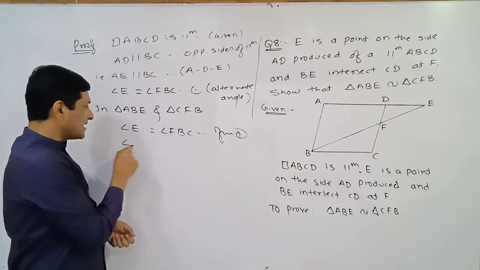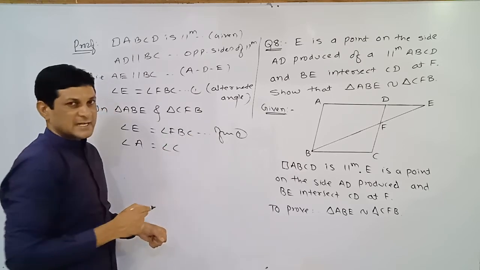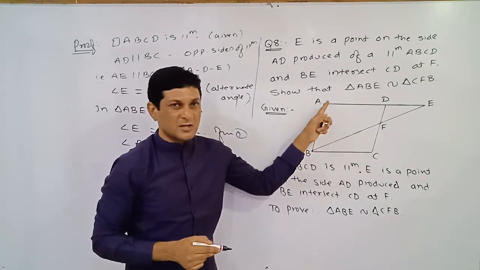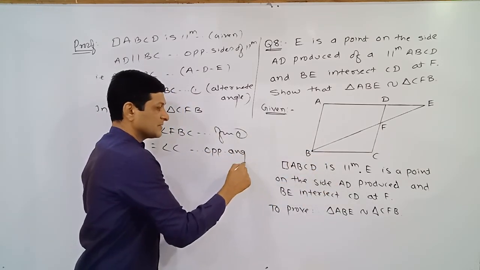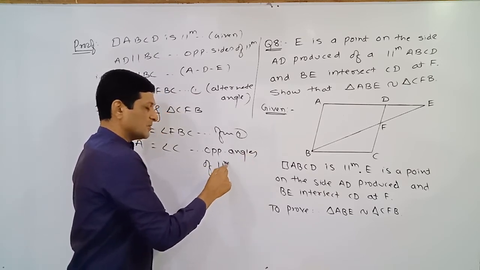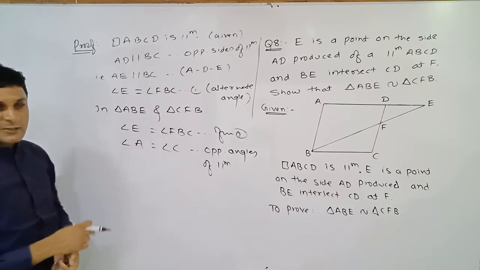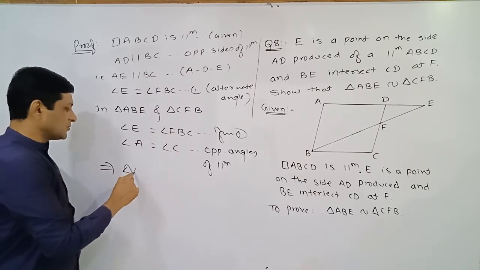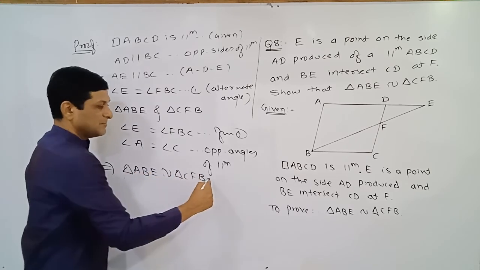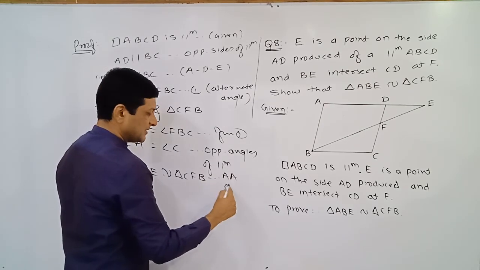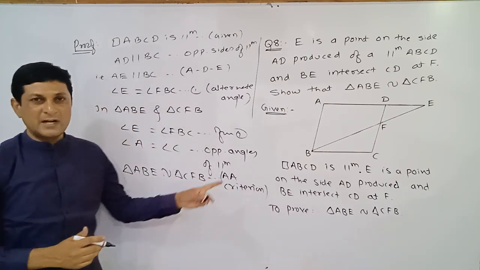Again we can say that angle A of the first triangle is equal to angle C of the second triangle, and these A and C are nothing but opposite angles of this parallelogram. So we have shown that two angles of the first triangle are equal to the corresponding two angles of the second triangle, which implies that triangle ABE is similar to triangle CFB by the AA criterion. So in this way, we have got our required result.